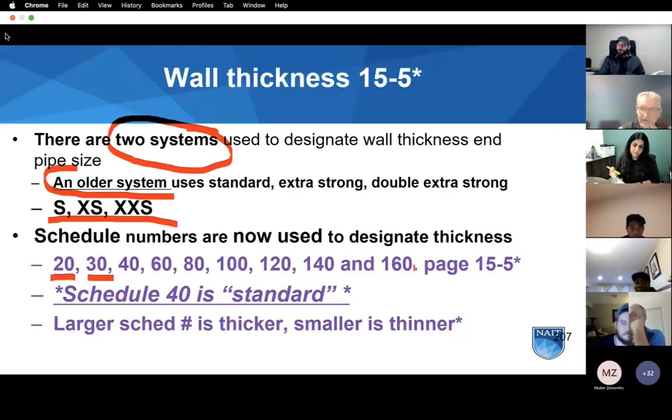To correlate the two systems, standard is schedule 40. Okay, there's also a schedule 10 on the chart. This is thin stuff for plumbing and home projects.